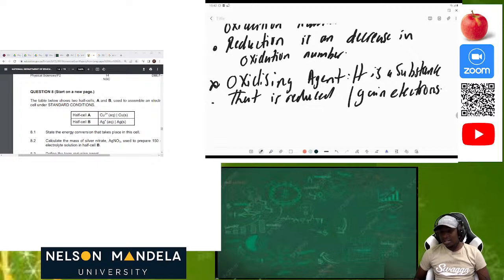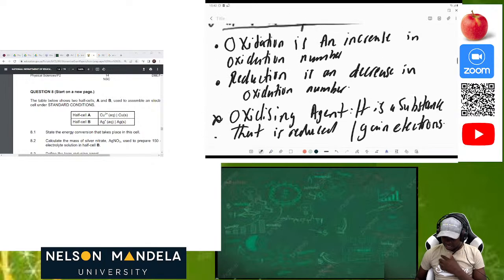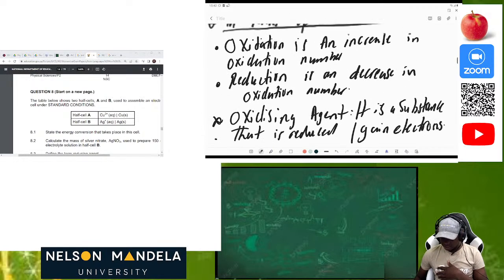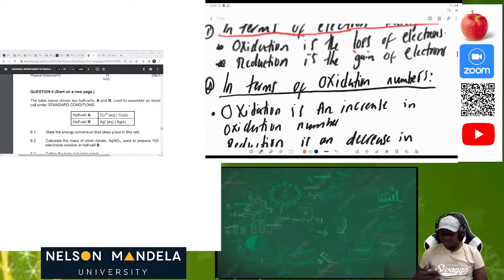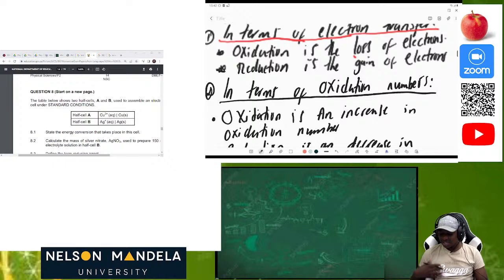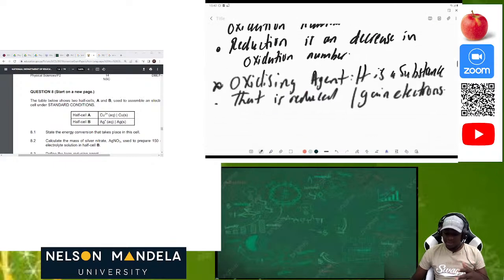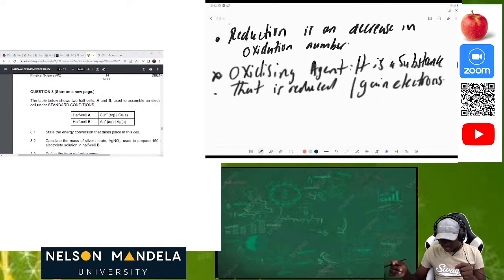So you can define it as an oxidizing agent. Which substance gains electrons? It is a substance that gains electrons. When we're defining reduction, we say that reduction is the gain of electrons. So in other words, reduction goes hand in hand with the oxidizing agent.